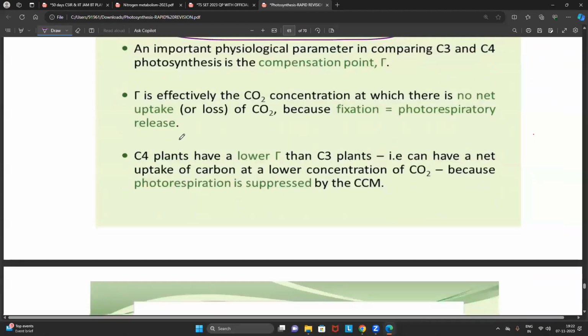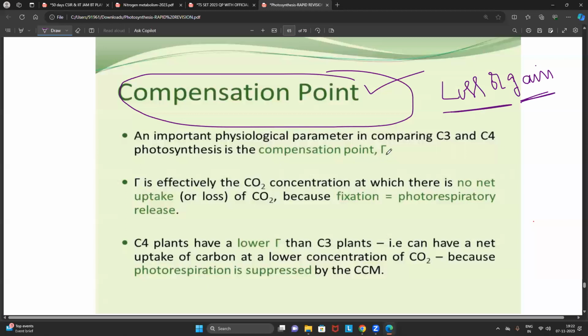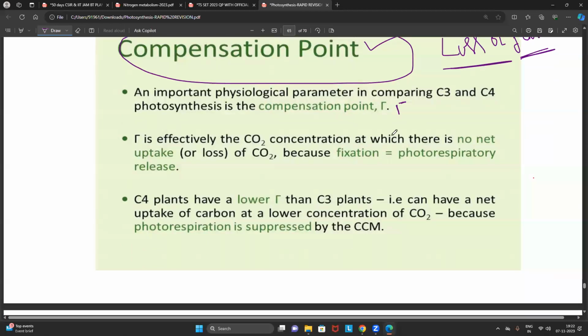In other words, we can represent the compensation point with the symbol gamma. Gamma is nothing but the carbon dioxide concentration at which there is no net uptake or loss of carbon dioxide.